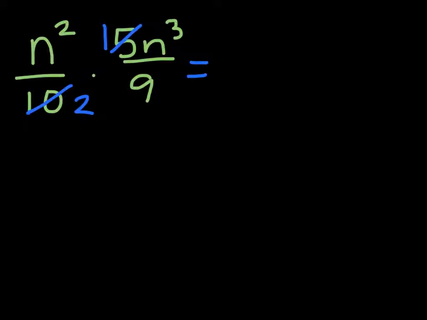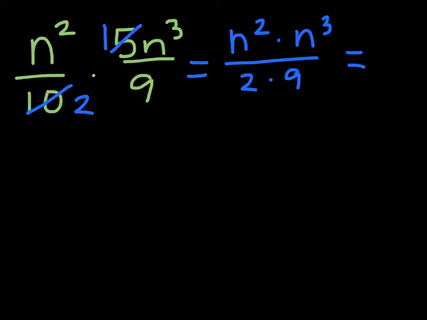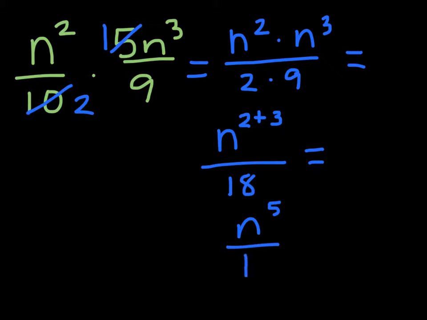We'll then write this as a multiplication problem, n squared times n cubed over 2 times 9. Remember, when we're multiplying exponents, we add them. So n squared times n cubed becomes n to the 2 plus 3 power over 18, or n to the 5th over 18.